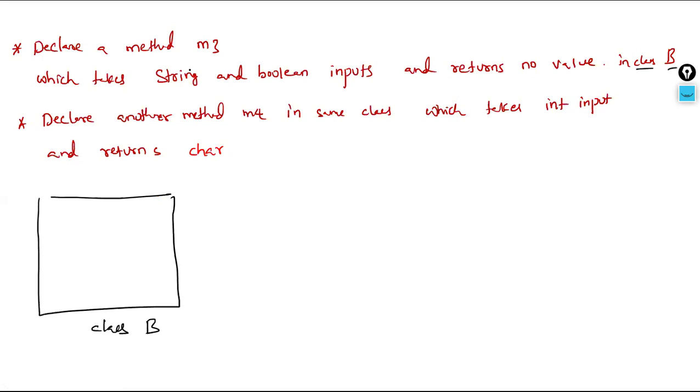So I'm using the method name yum3, which takes a string and a boolean input. Please don't forget this: inputs will be written towards the left hand side. One is string, and since we know String must be capital, then boolean, everything in lowercase letters. Then, it returns no value. That's why here nothing is output.